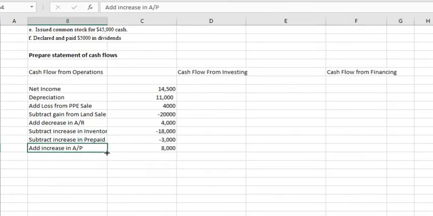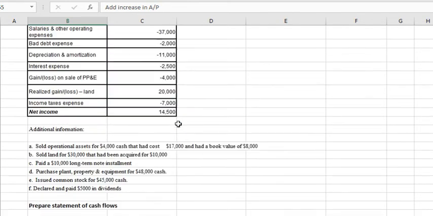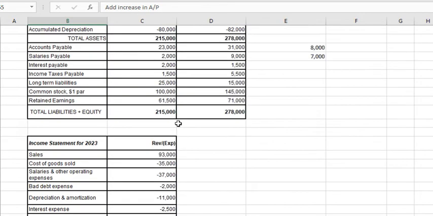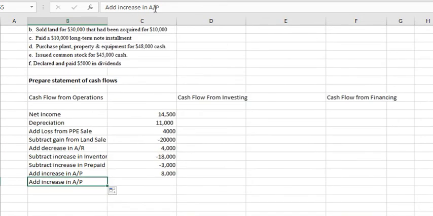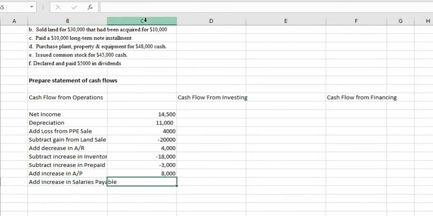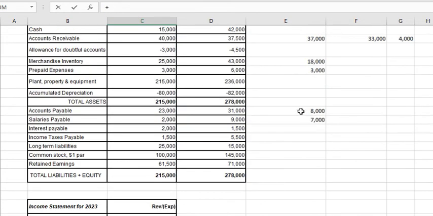Add increase in wages payable or salaries payable. And we are going to add this as well.